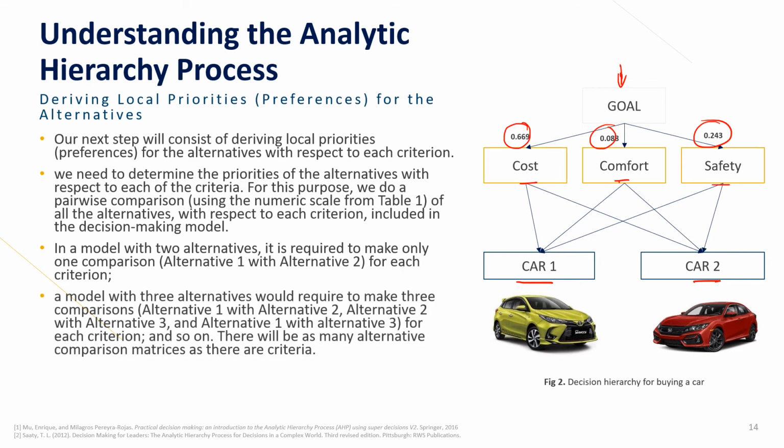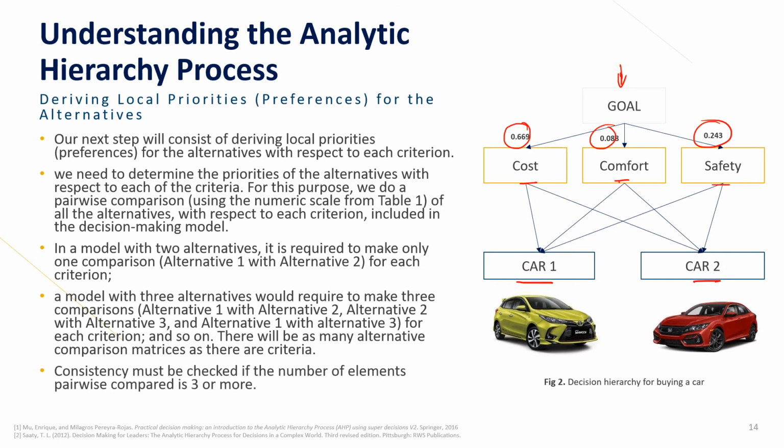For a model with three alternatives, let's say you have car 1, car 2, and car 3, you need to make three comparisons: car 1 and car 2, car 2 and car 3, and car 1 and car 3, something like that, for each criterion and so on. So there will be as many alternative comparison matrices as there are criteria.